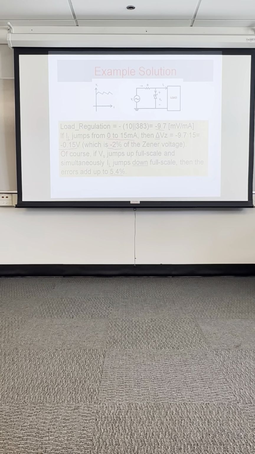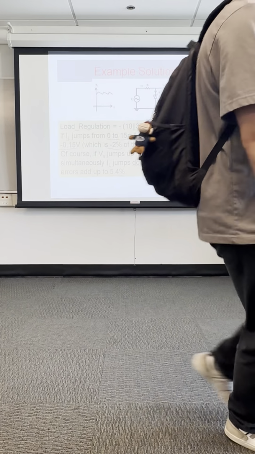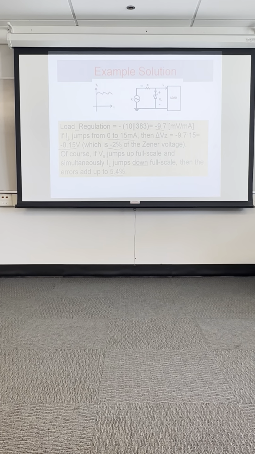This would probably be a circuit you could test in simulation, or build and use an oscilloscope and multimeter to actually get a better number. But minus 2% to 5.4% might be acceptable if the load changes from 50 milliamps to 0 milliamperes.